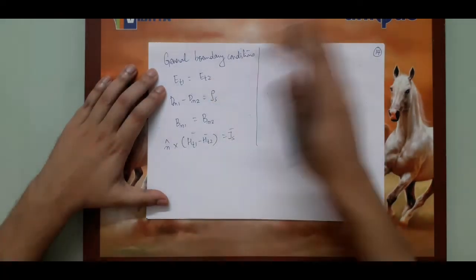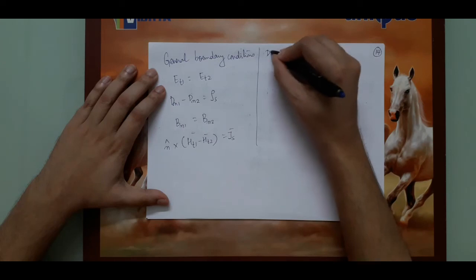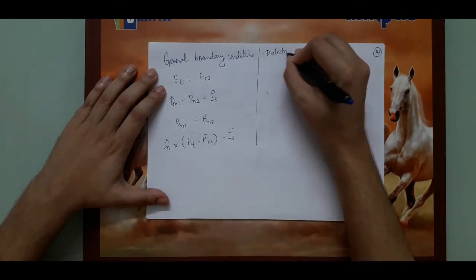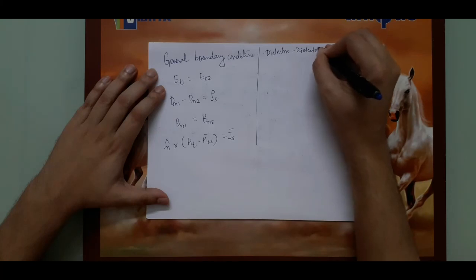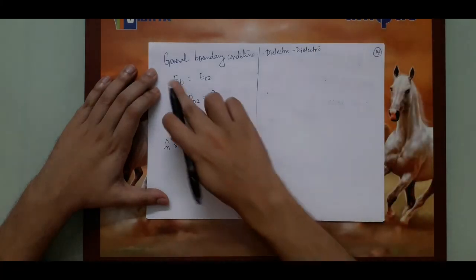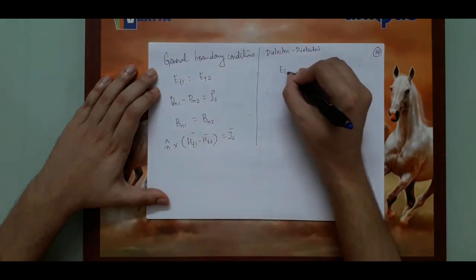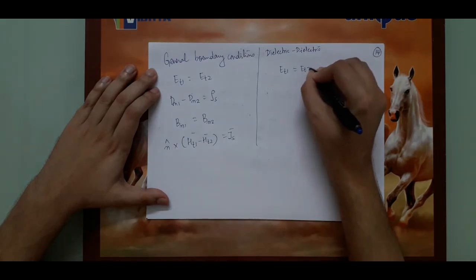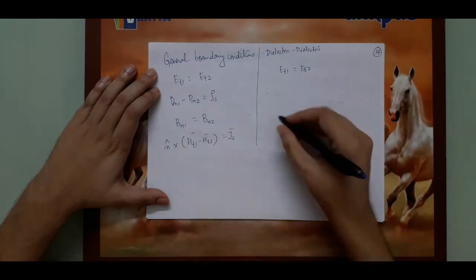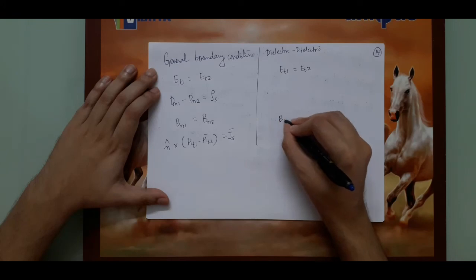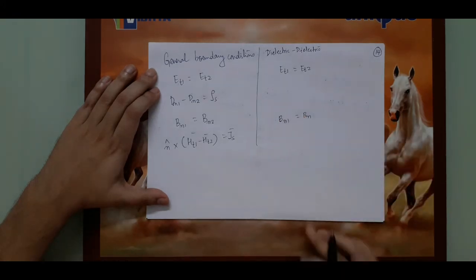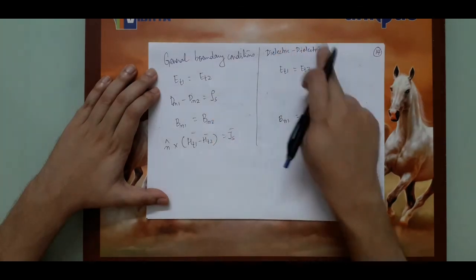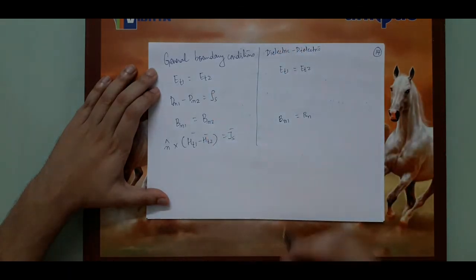What if the two media are dielectric and dielectric, that is insulator? So this condition will not change because it's independent of medium. This one will be Bn1 equals Bn2. Now we proved already that in dielectric there is no concept of surface charge.